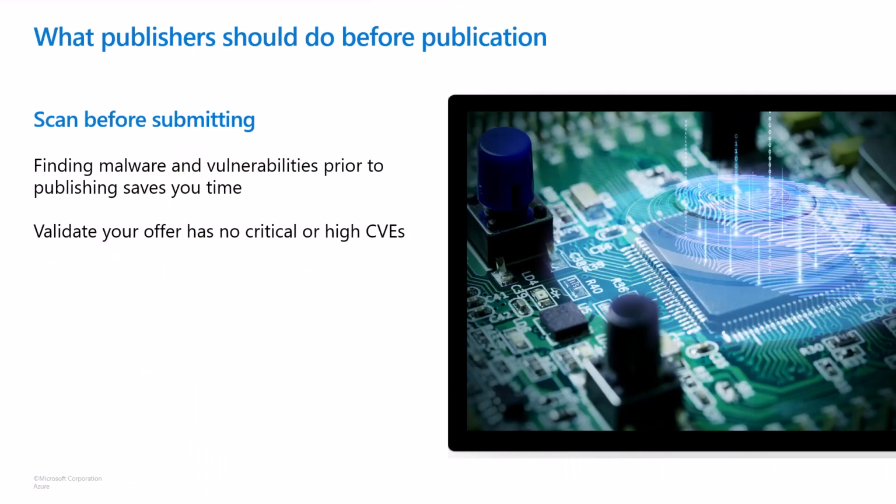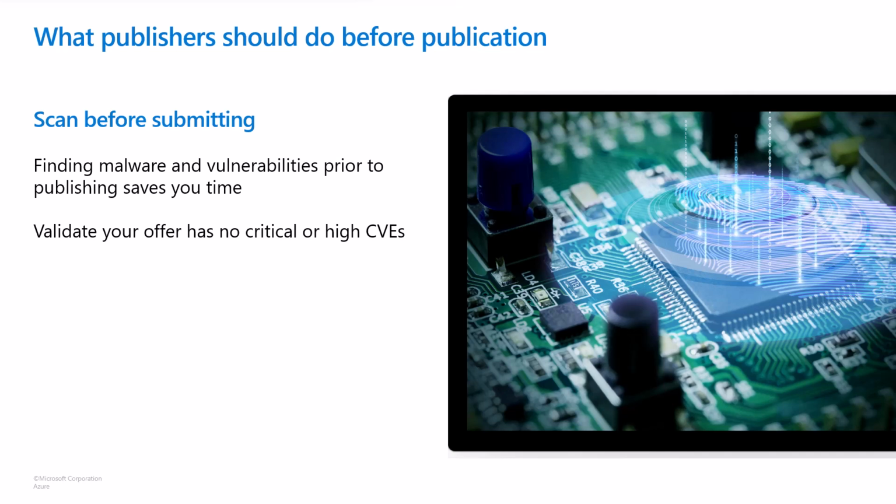So, backing up to the expectations of publishers, what are some of the things publishers can do before submitting their virtual machine or container image? First and foremost, scan your images for CVEs and malware, of course. Now make sure no CVEs are present in the underlying images that you use to build up your container, should you be working with a container offer.